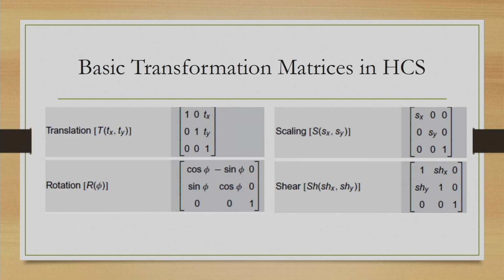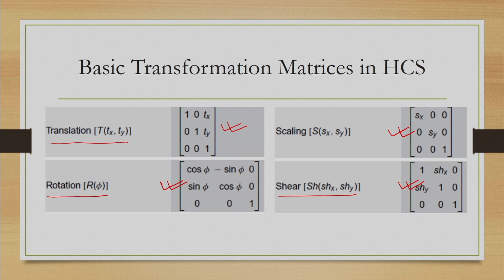Now, let us see how the basic transformations are represented using homogeneous coordinate matrices. Translation we can represent using this matrix, rotation we can represent using this matrix, where phi is the angle of rotation, scaling can be represented using this matrix, and finally shearing can be represented using this matrix.